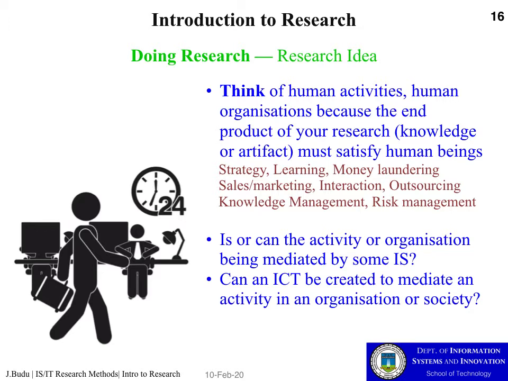So ask yourself, what human activities interest you that you want to study? Is it efficiency? Is it profit? Is it productivity? Is it human well-being or health? These are human activities that you can consider studying in the context of ICT.